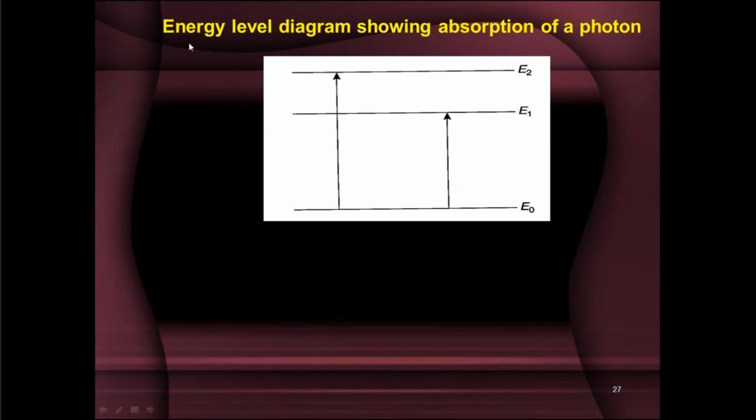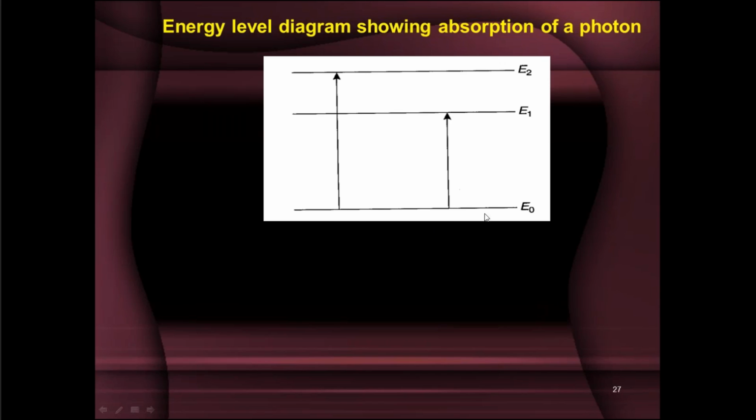So this is an energy level diagram showing absorption of a photon. Here you have E0, the lowest energy state. These are higher energy states, E1 and E2. So E2 is higher than E1, which is higher than E0. Now the molecule is residing here, and since we are dealing with UV visible, we are concerned with valence electrons.